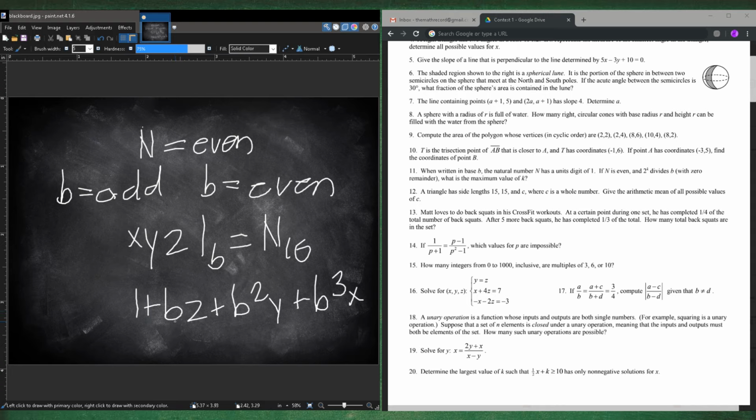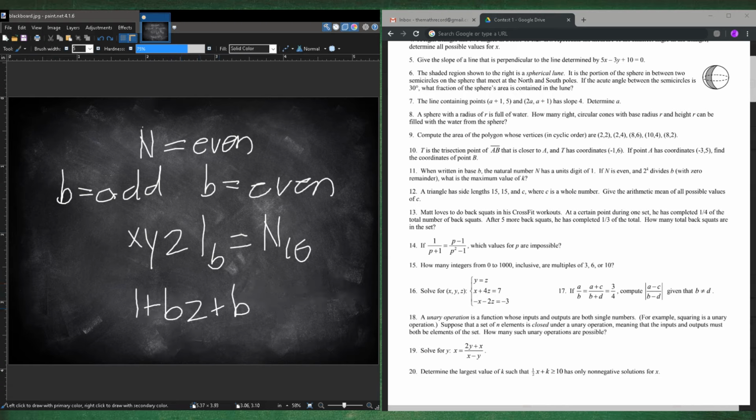So if b is even, right, then anything multiplied by an even is just even. So all these are even, add that 1, it is odd, which doesn't make sense because then if this is all odd and n is even, that's not the same number. So B cannot be even. So B has to be odd. That's what it's telling me.